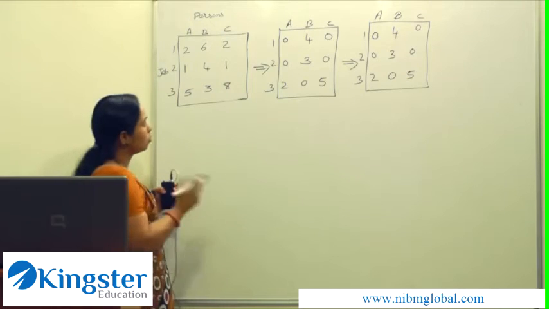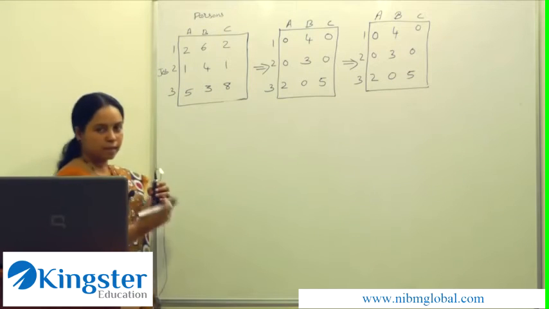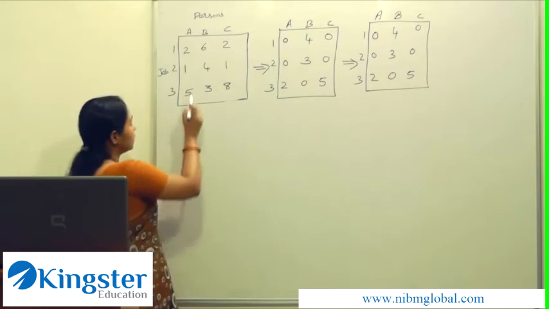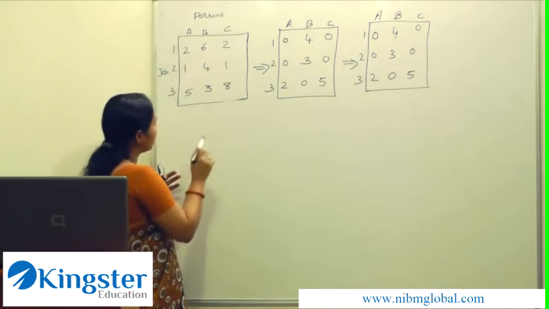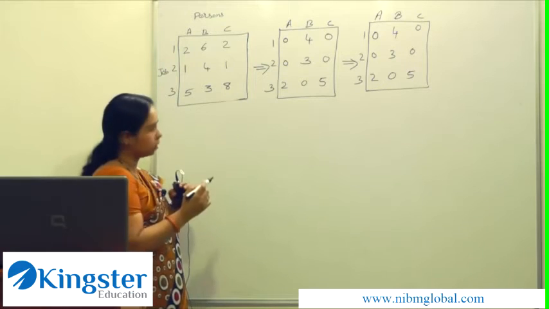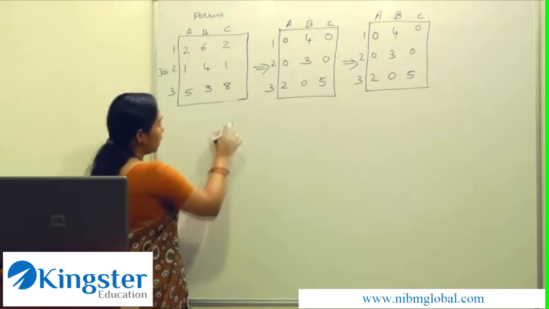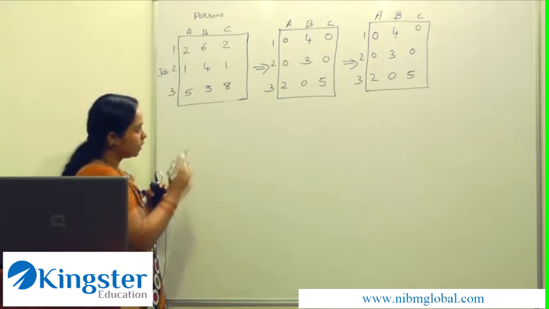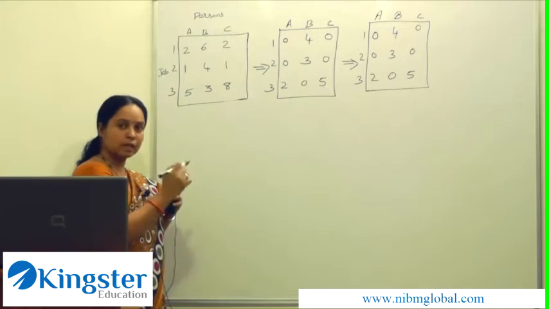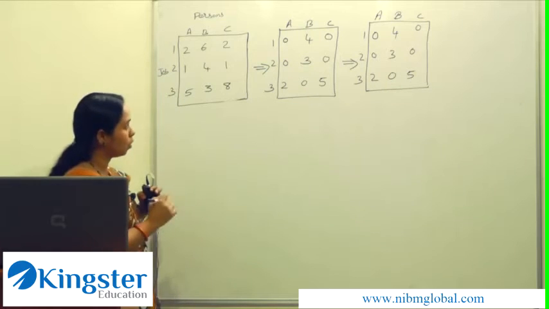The first 2 steps are the same. That means we have to find the smallest value in each row and find the difference of that element from every element of that row. That is the first step. And in the next step we have to find the smallest element from each column and take the difference of that element from every element of that column.